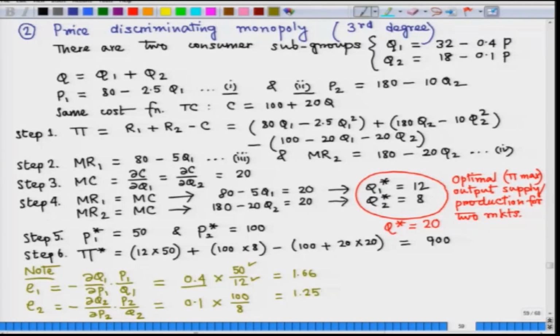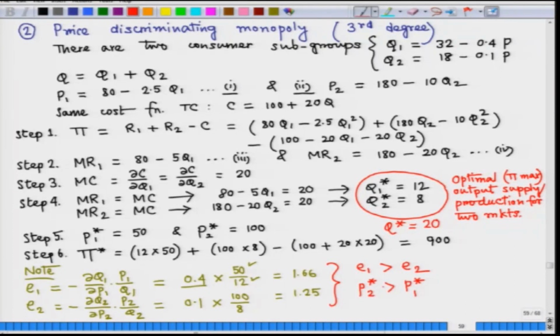So, now we have seen here that the price elasticity of demand at the equilibrium in market 1 is greater than the price elasticity of demand evaluated at the equilibrium in market 2, and we see that P star 2 is greater than P star 1.